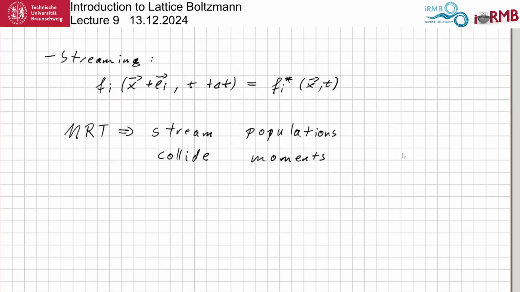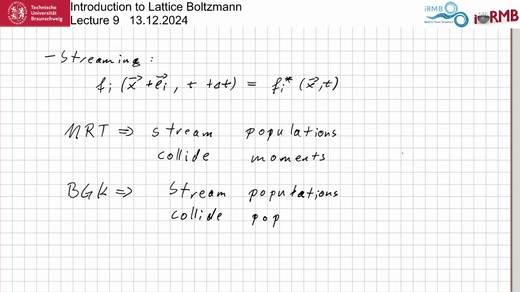And BGK was you stream populations and you collide populations. So you have an additional transformation in this.